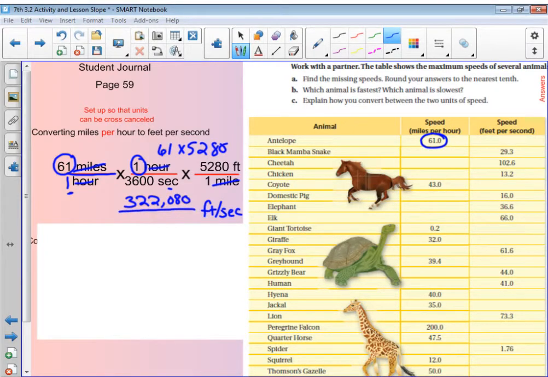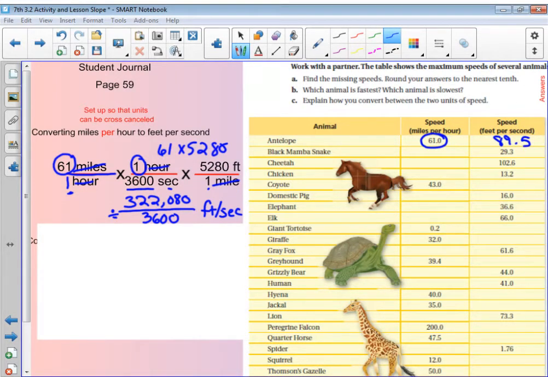On the bottom I have 1 times 3,600 times 1, so 3,600 is my bottom number. And this line right here means to divide, so I'm going to divide by 3,600. When I do that, I get 89.46 repeating. So if we round to our first number behind our decimal, this 6 that's behind the 4 is going to tell that 4 to go up to a 5. So our answer here would be 89.5, and that's feet per second.